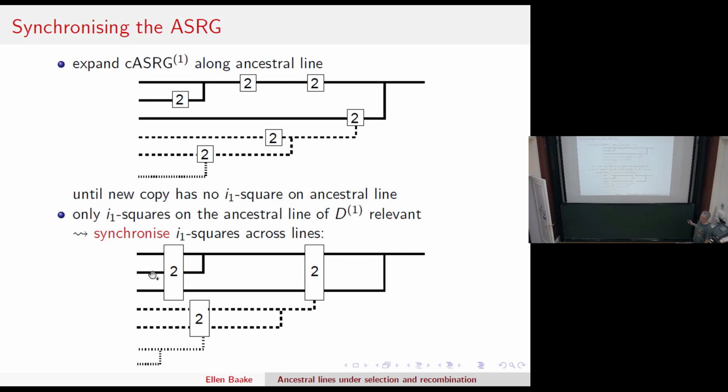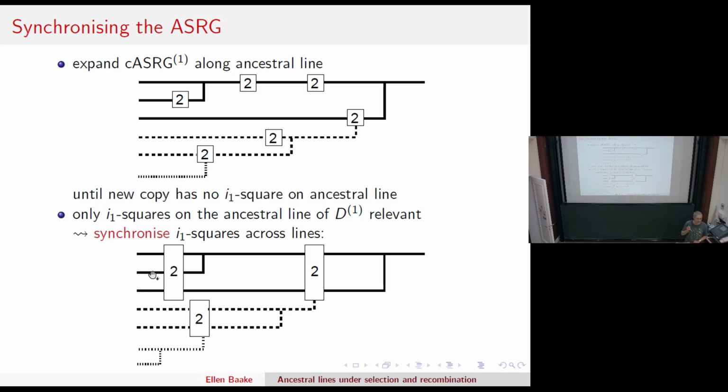That is now the dashed structure. Then I follow back until, again, the ancestral line of site 2, and again, for magical reasons, it is the lower line, until I meet the first 2 square, and then I attach another copy for the remaining time, and now it turns out that there is no more 2 square on it, so here I'm done and I stop.